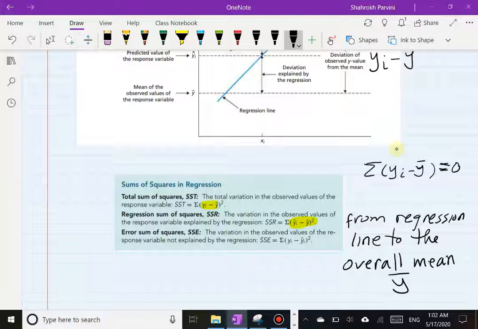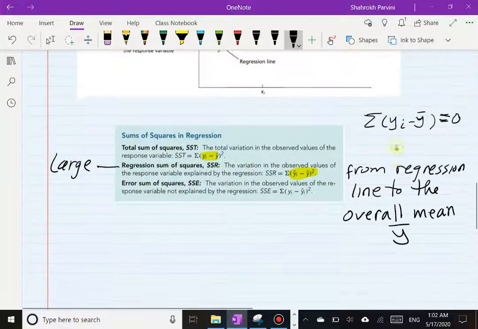Okay, so that's what that is. We want this to be as large as possible. We like this to be large, because in a moment you'll see we're going to get a ratio of SSR to SST, and that's exactly the percentages I had up there.